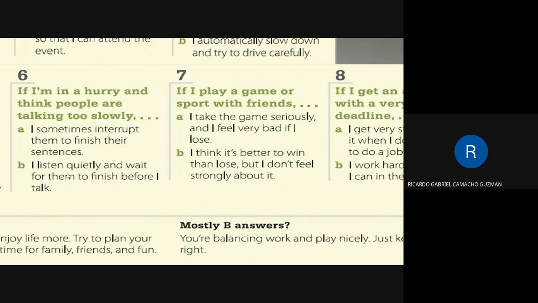But what about you? It depends. It depends. Si me cae bien o no. Ah, rayos, de aquí sacando todos nuestros traumas.